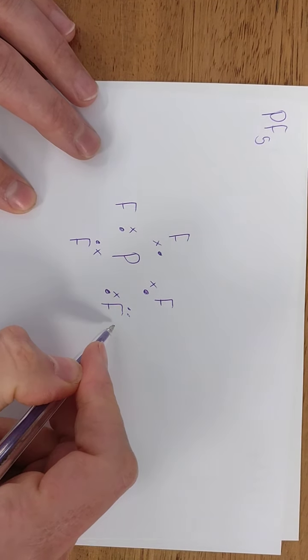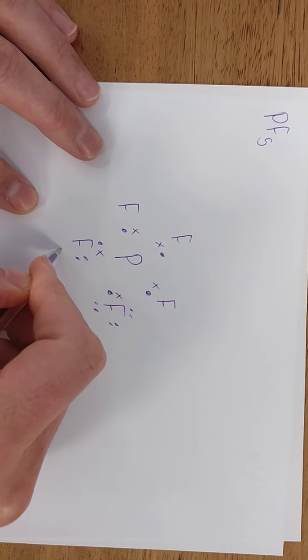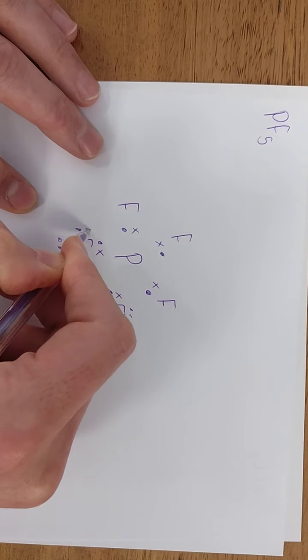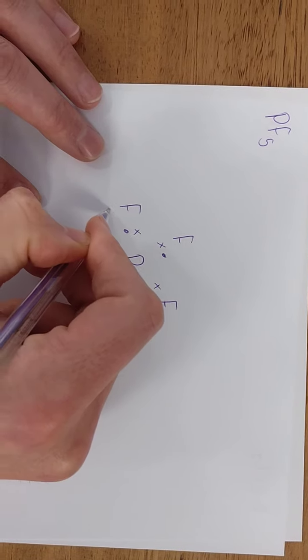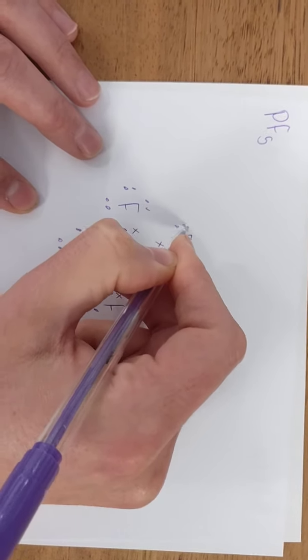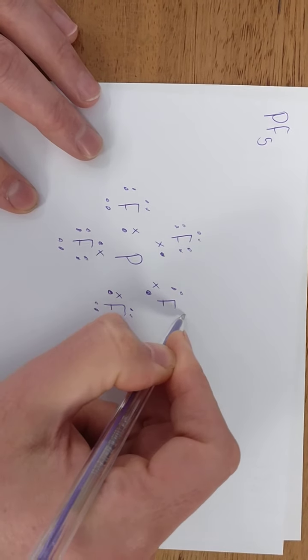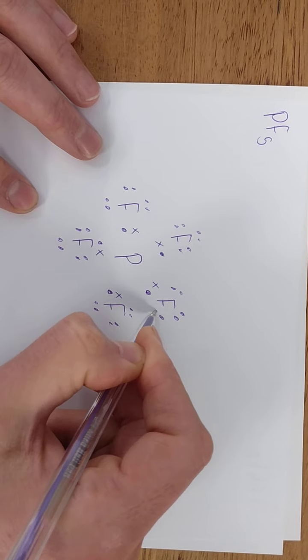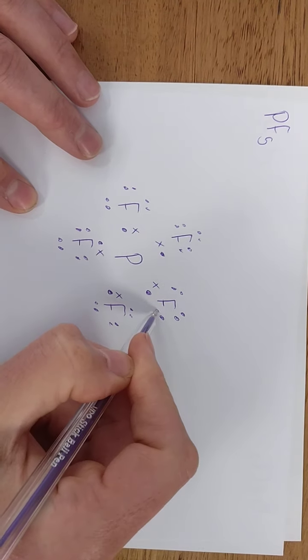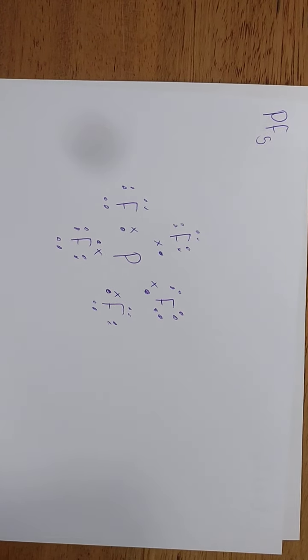So this will take a little time, but we go through and we put in all 7, so an extra 6 on each one, all 7 of the outer shell electrons of each fluorine, and we end up with this. So yeah, not a quick one to draw, this one, but now we have our phosphorus bonded to 5 fluorines.